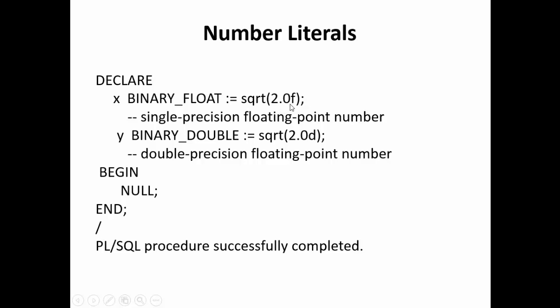It takes the square root of 2 and assigns it to this variable x. Similarly, I have another variable y, its data type is BINARY_DOUBLE, and here also I am assigning the square root of 2.0d. D is a double precision floating point number.